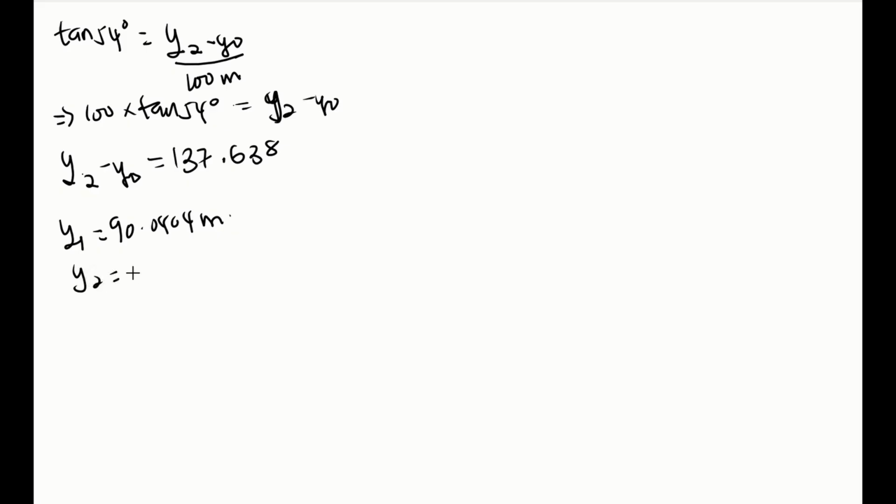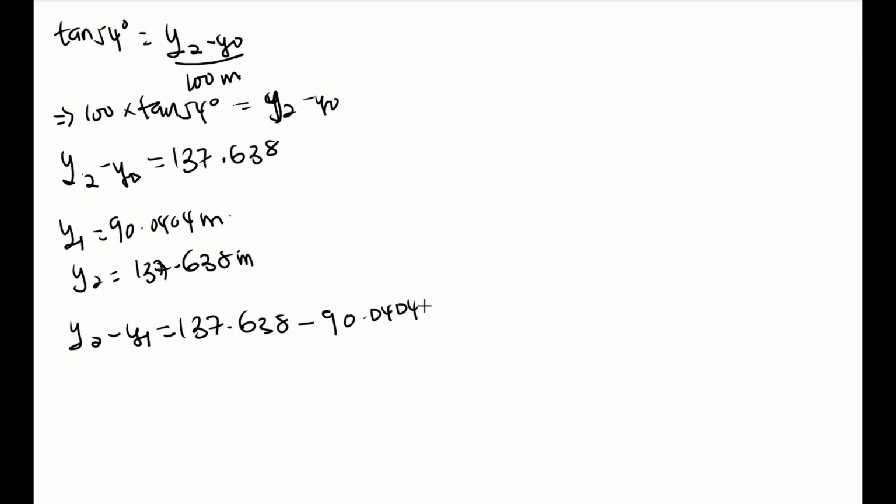Then y2 is giving us 137.638. Then we look at the distance between the two, which is just y2 minus y1, which is 137.638 minus 90.0404, all in meters.